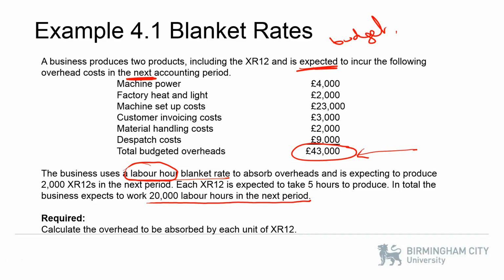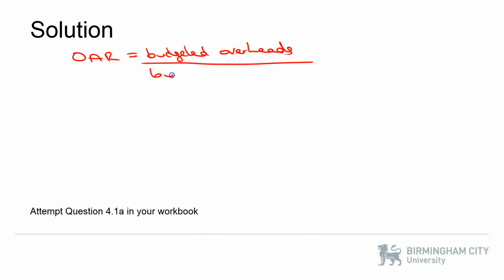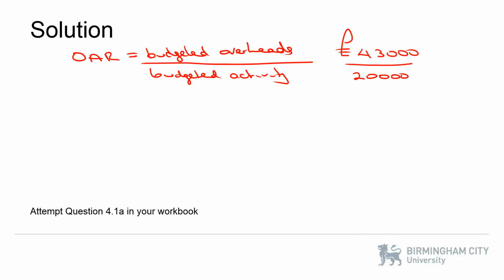So we have two pieces of information that we need to calculate our overhead absorption rate. So our overhead absorption rate is equal to the budgeted overheads divided by budgeted activity, and our overheads were £43,000 and our budgeted activity for the same time period 20,000 hours.